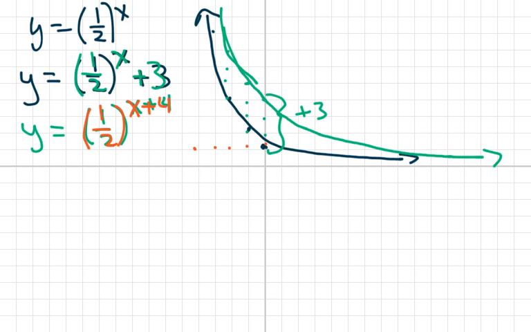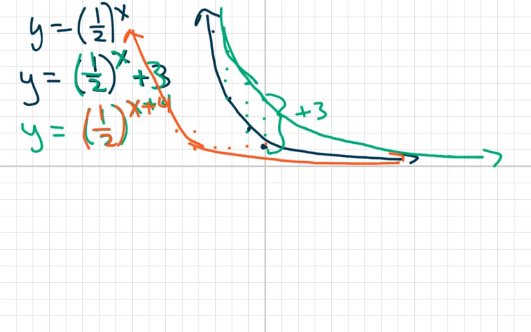This one is 1, 2, 3, 4. I shouldn't have done that because now I'm going to run into this. But anyway, it would be something like this. The whole thing just shifted over by 4. Okay? And that's basically your transformations. You can also have stretches and all that good stuff, but this is the basic concept.